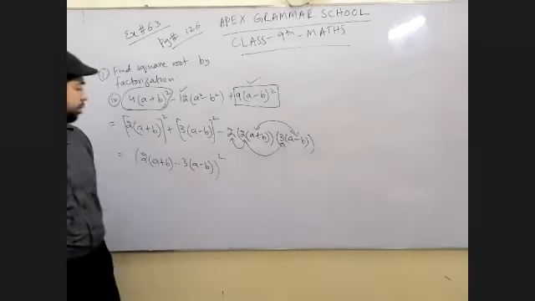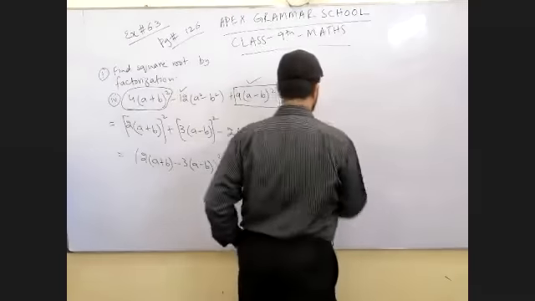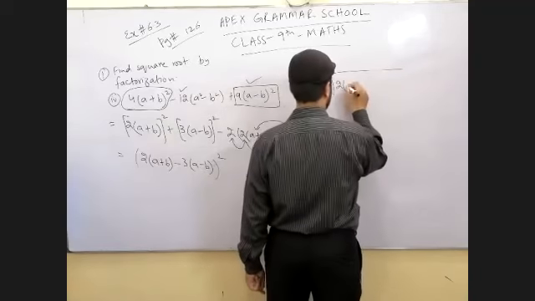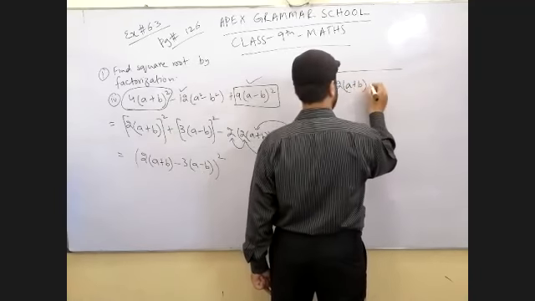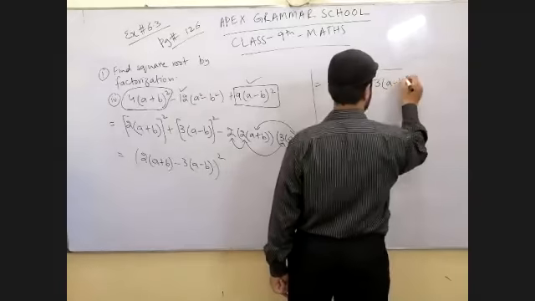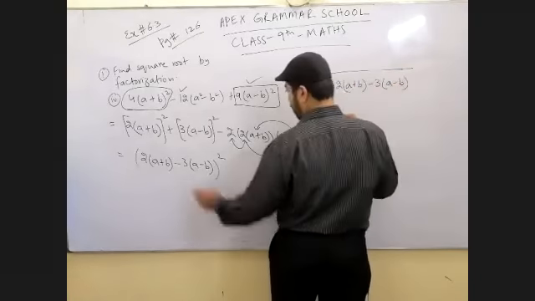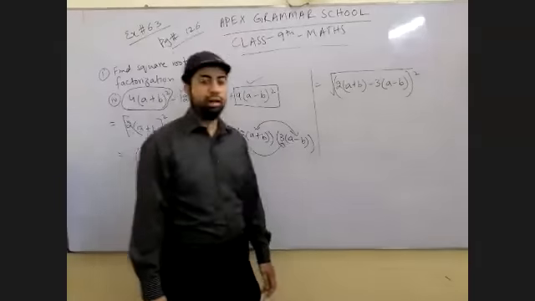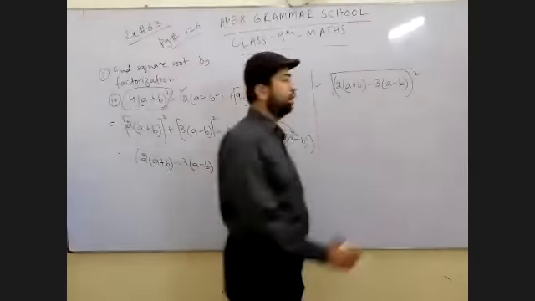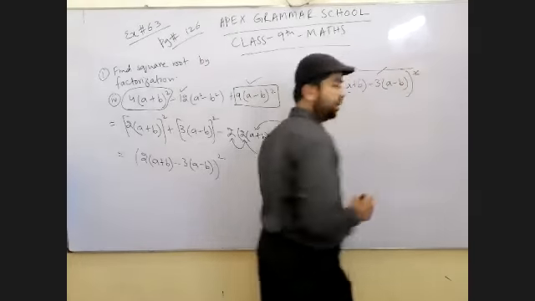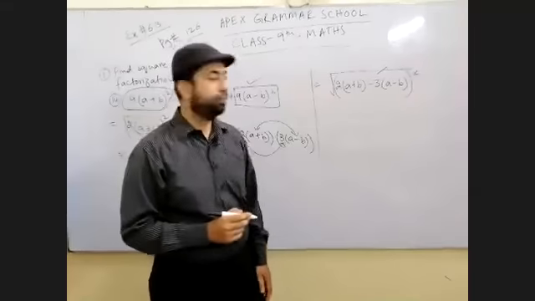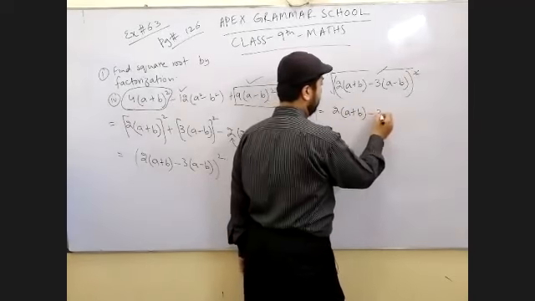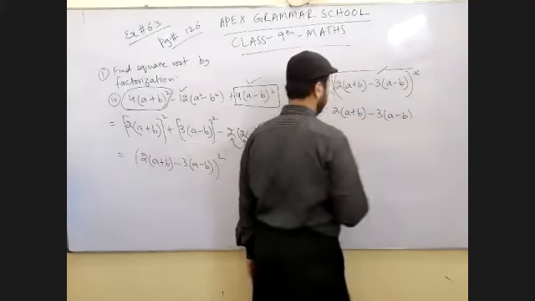Now after that, you can apply the square root on it. Square root of (2 into (a plus b) minus 3 into (a minus b)) and whole square. Now this whole square can cancel this square root. So you are left only with 2 into (a plus b) minus 3 into (a minus b).